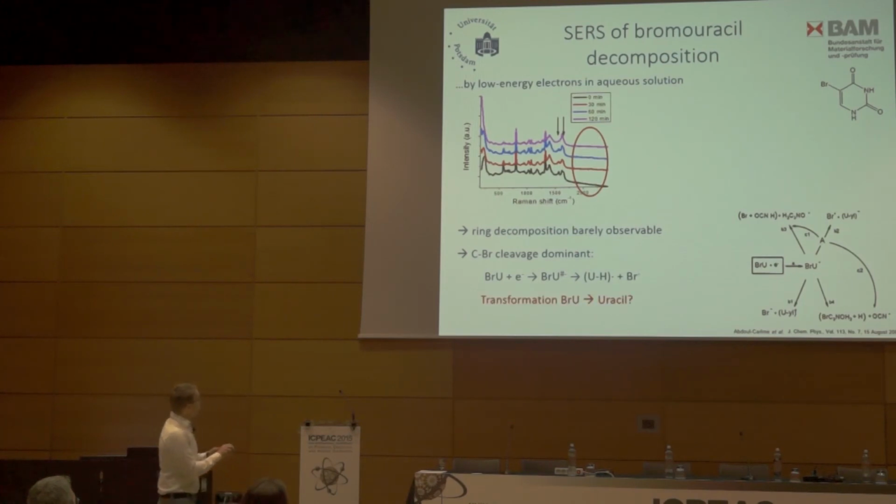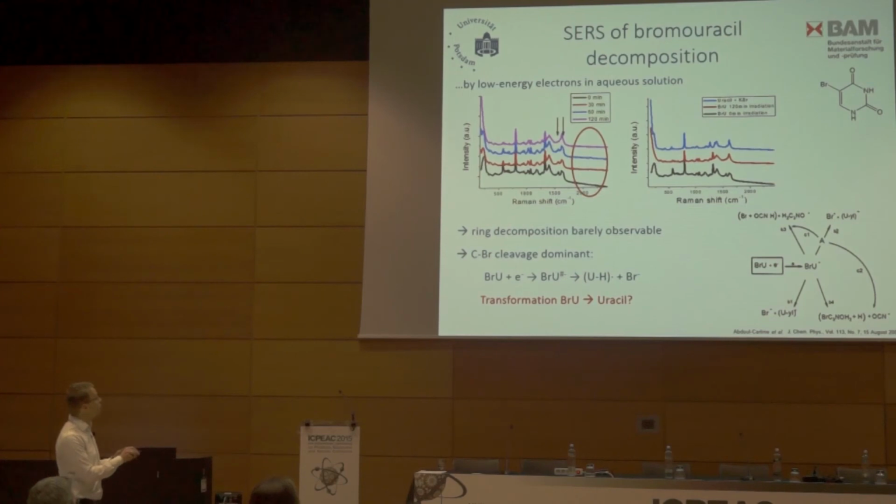When we form this U-H radical, in gas phase it just remains a radical, but in solution it can simply pick up hydrogen and form stable uracil. So the question is, do we have in solution a transformation from bromouracil to uracil?